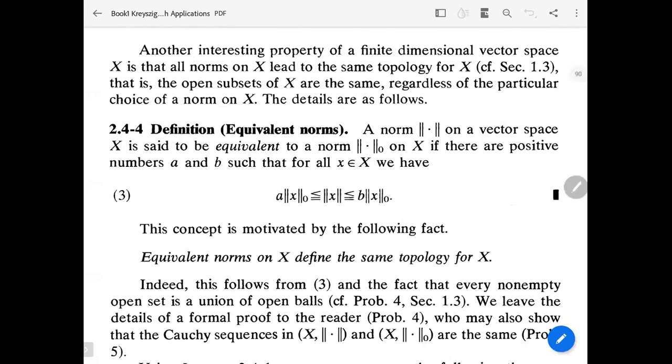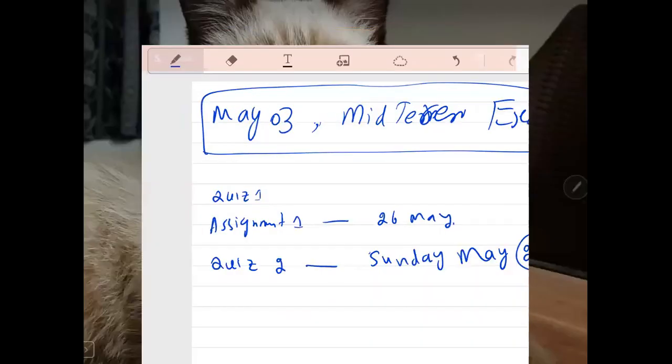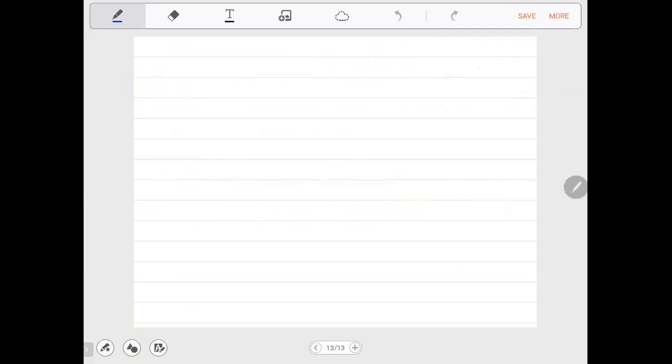Then 2.4.4 is about equivalent norms. So we have two norms on a non-empty set X. Let me write.